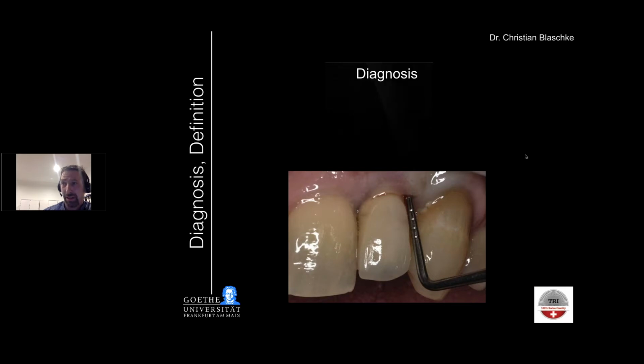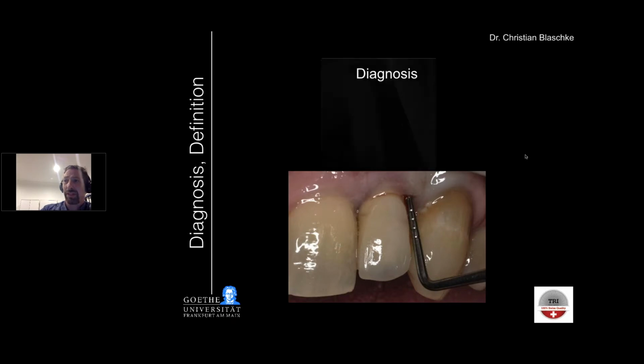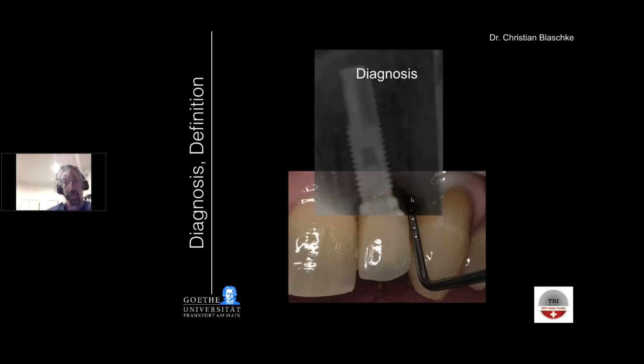And here's our radiological finding. We get that bowl-shaped defect over here. Admittedly, this is an early peri-implantitis case. It has not really progressed very far yet. But as you will see, early treatment is one of the key factors in peri-implantitis.